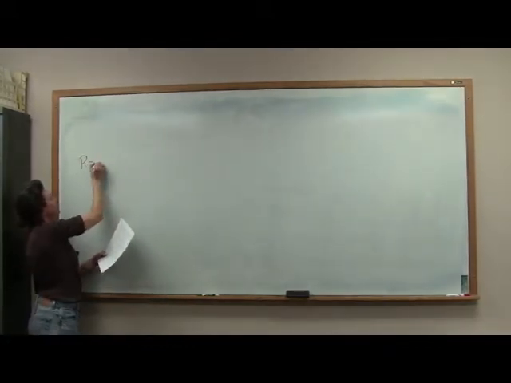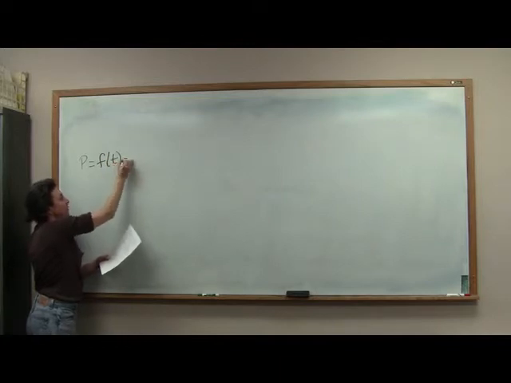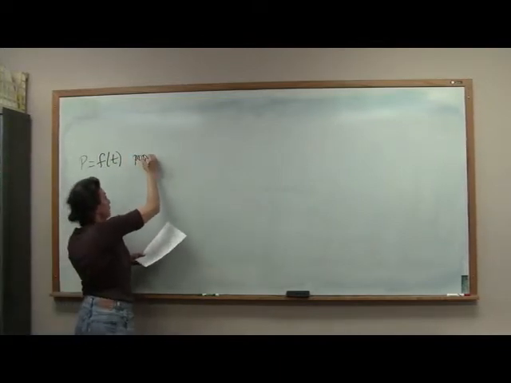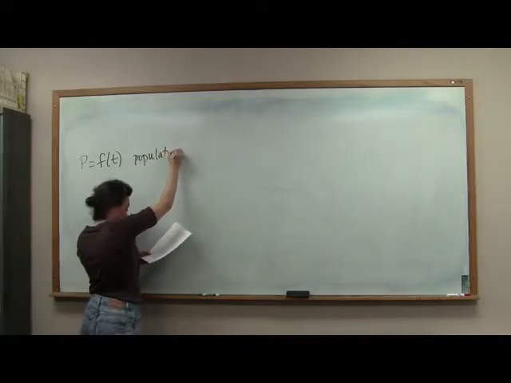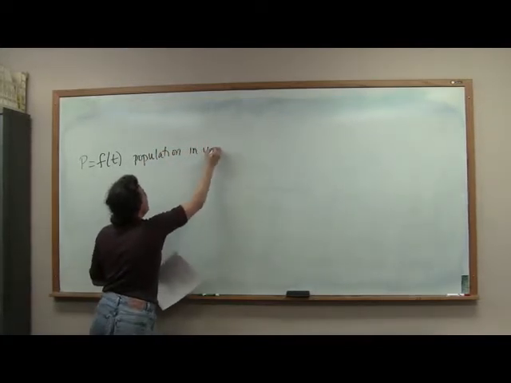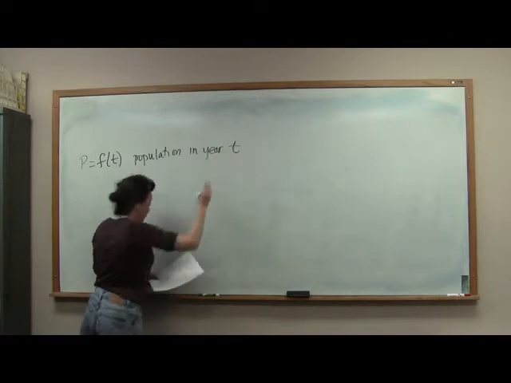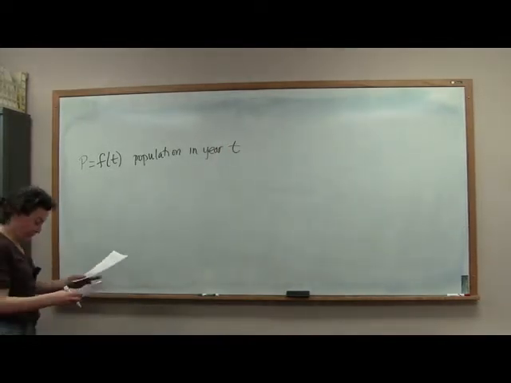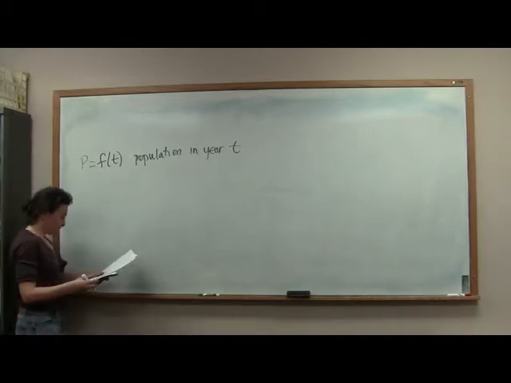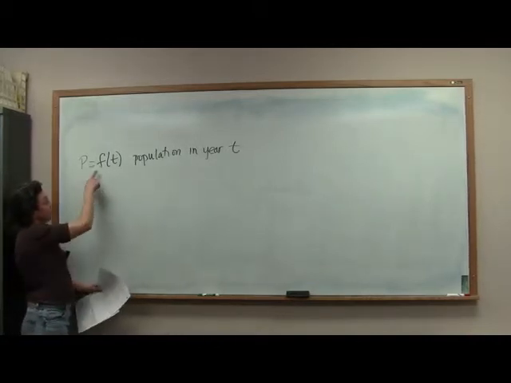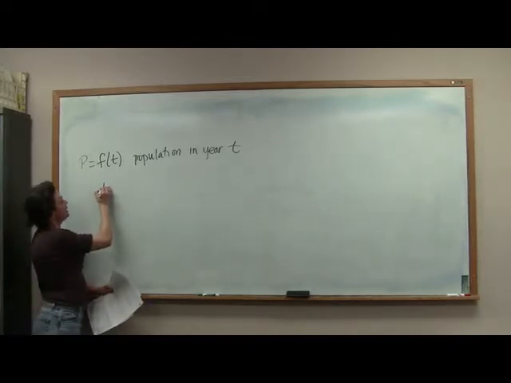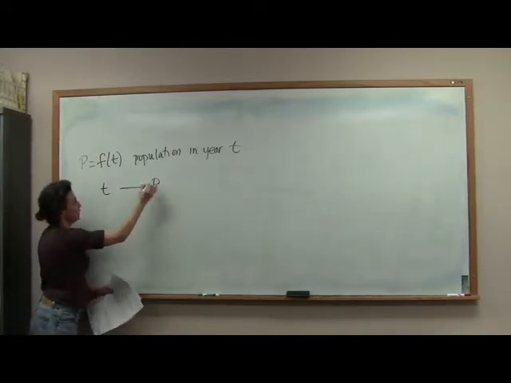Okay, so let's suppose P equals f of t. Suppose that's our population in year t. All right, so do you agree that essentially we have t going to P?